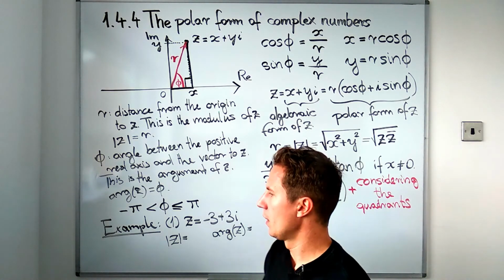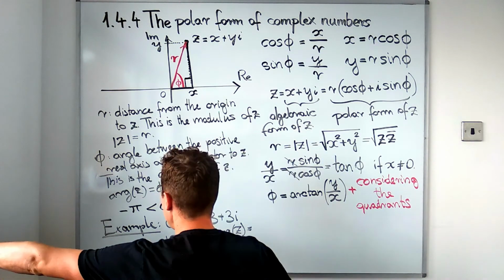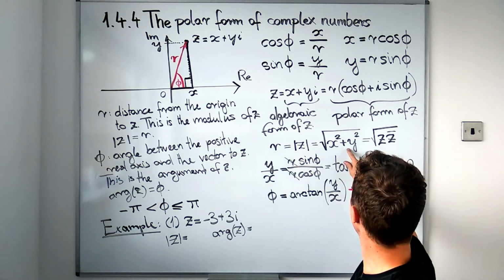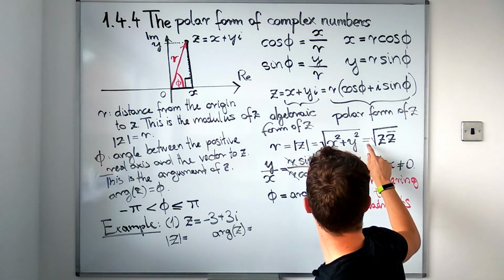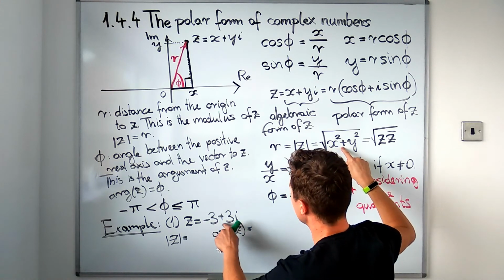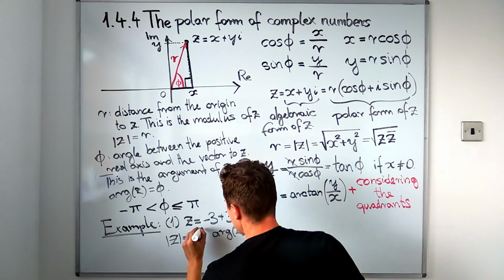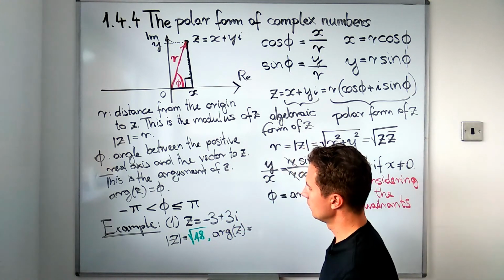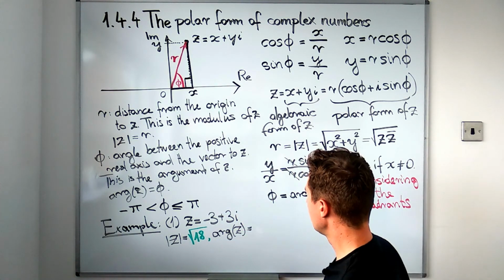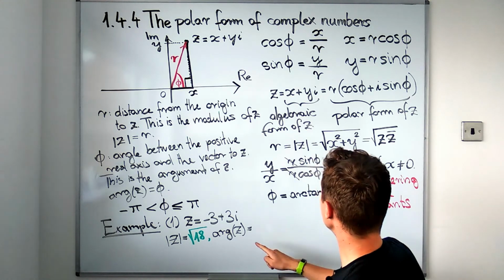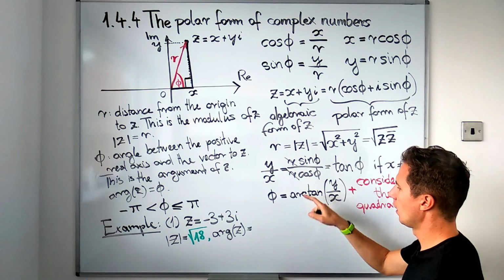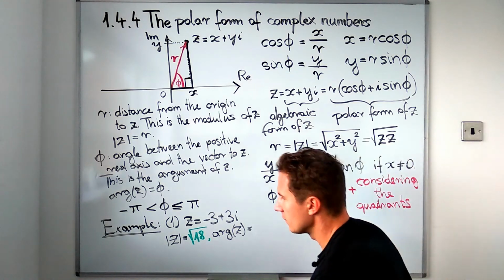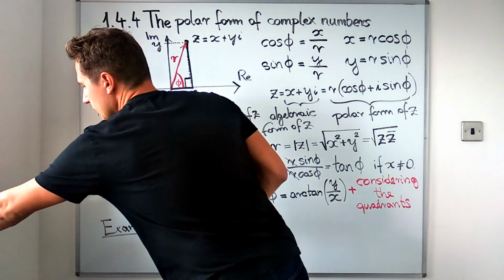Okay, I hope you have paused the video and have found, using this formula for the length, the modulus of our complex number, with these numbers, that it is the square root of 18. So that's the length of z. And the argument of z, well, you could use this formula, but we also had to think about this number, negative 3 plus 3i.